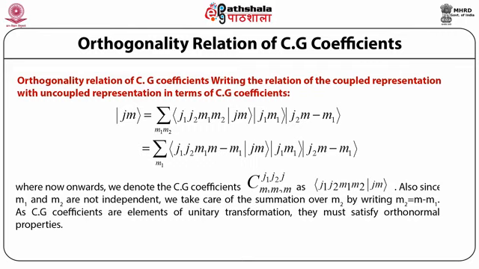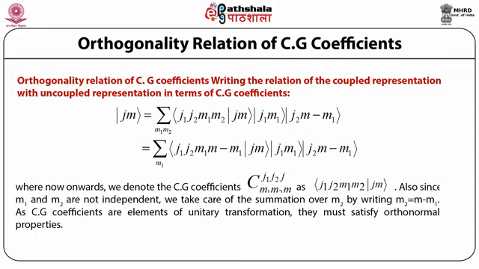The state vector |J M> is equal to the summation over m1, m2 of <j1 j2 m1 m2|J M> |j1 m1> |j2 m2>, where <j1 j2 m1 m2|J M> are the Clebsch-Gordon coefficients, and we have used the relation m2 = M − m1.